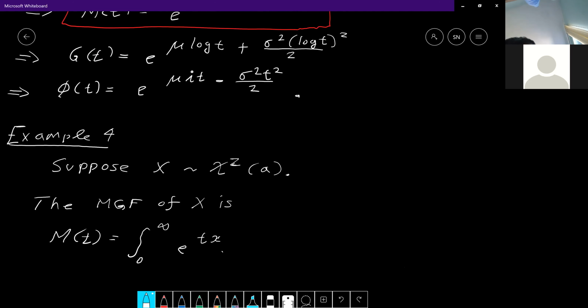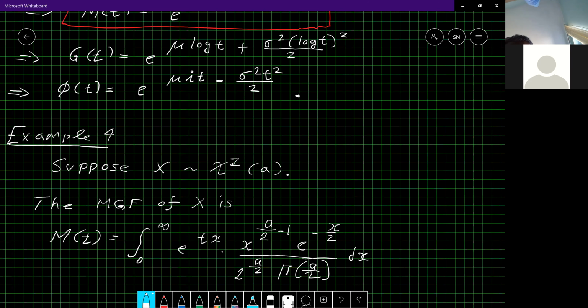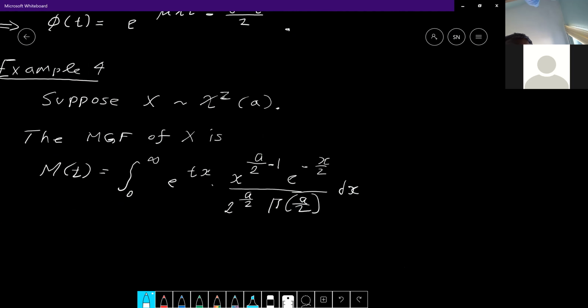You may recall from much earlier on in our course that the density of a chi-square distribution is given by this formula. This is the density of a chi-square. I hope you recall this from what we did a long time ago in our course.